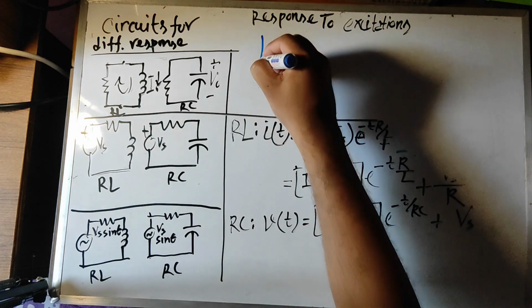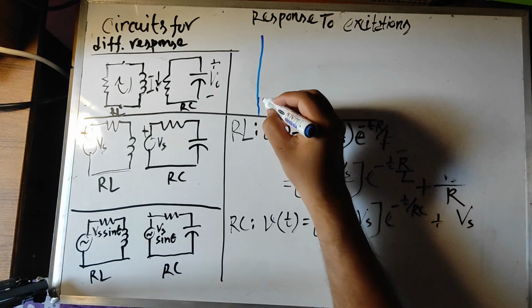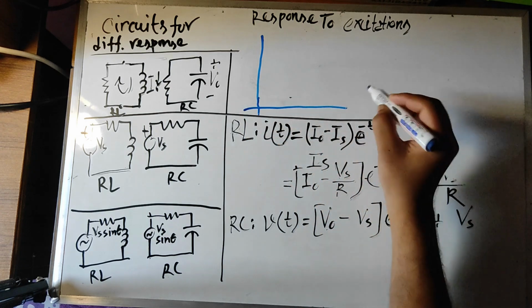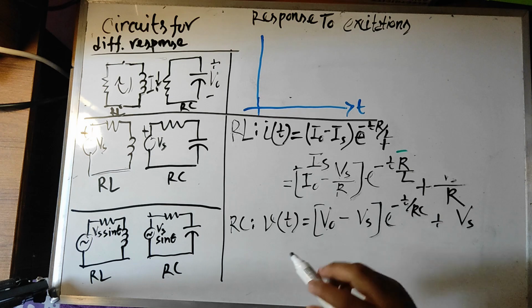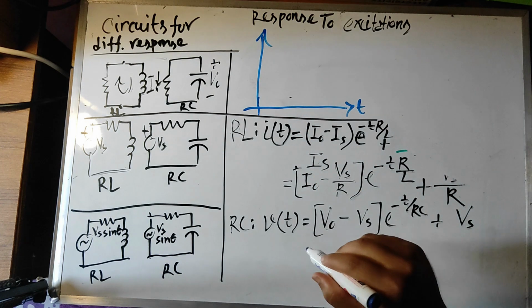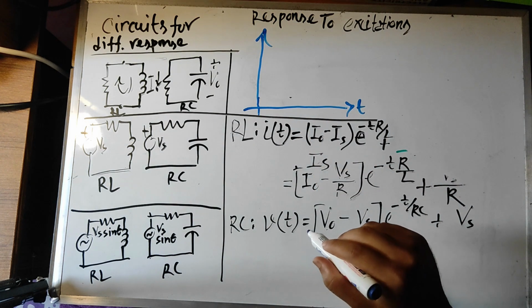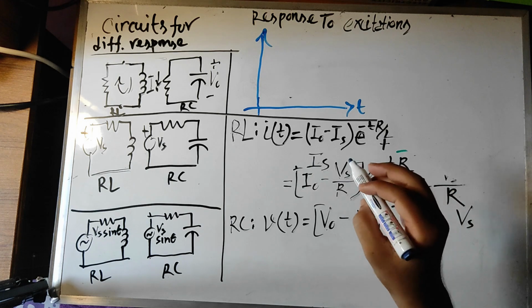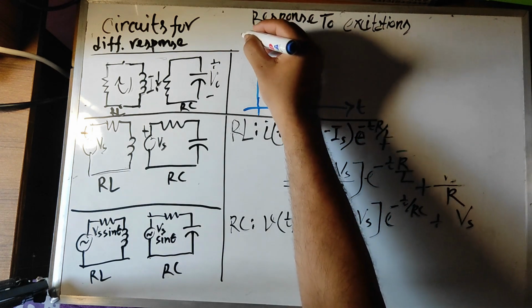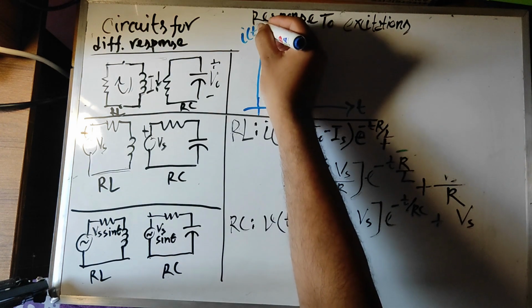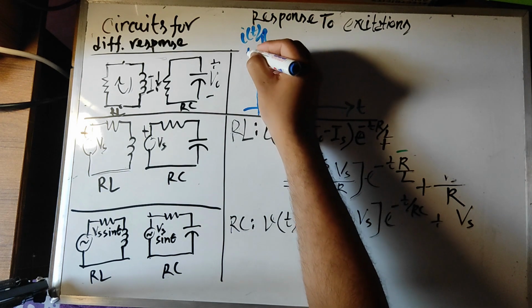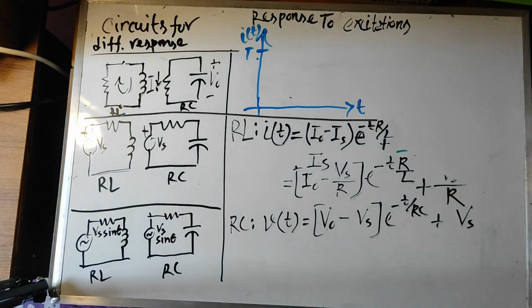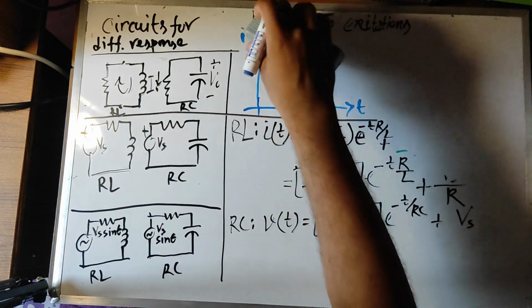So for the RL step response, say the initial current, so here i(t), say this is the initial current I0, sorry, this is too high, okay.